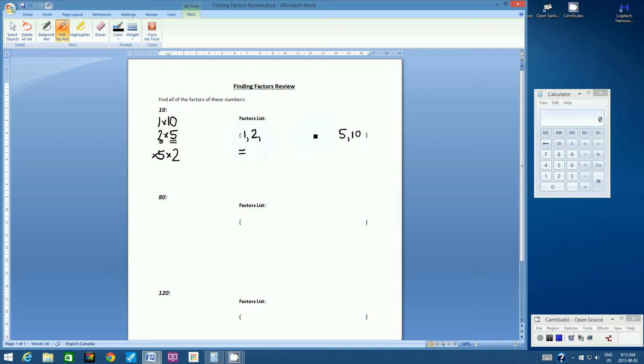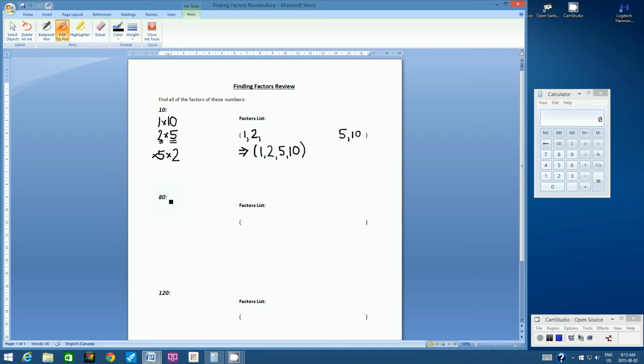It can have very few factors, like this number, or it can have a great number of factors. So we're going to rewrite this factors list, and we're just going to make it a little bit more compact, a little bit neater. So we write down all of our factors. And there we go. Now we have a nice, neat factor list here.